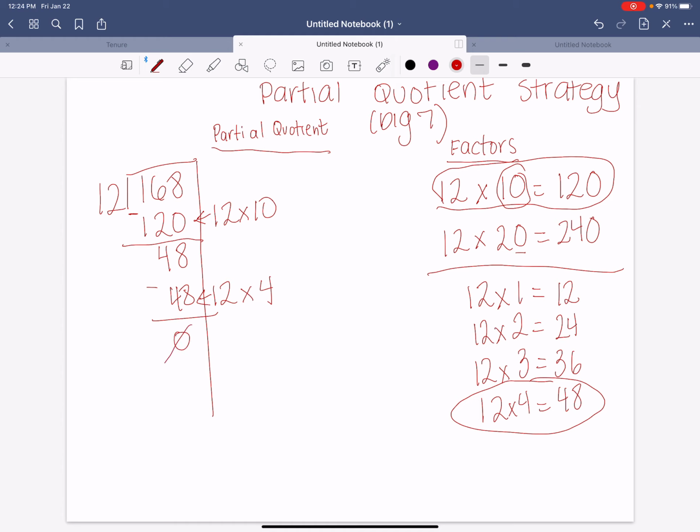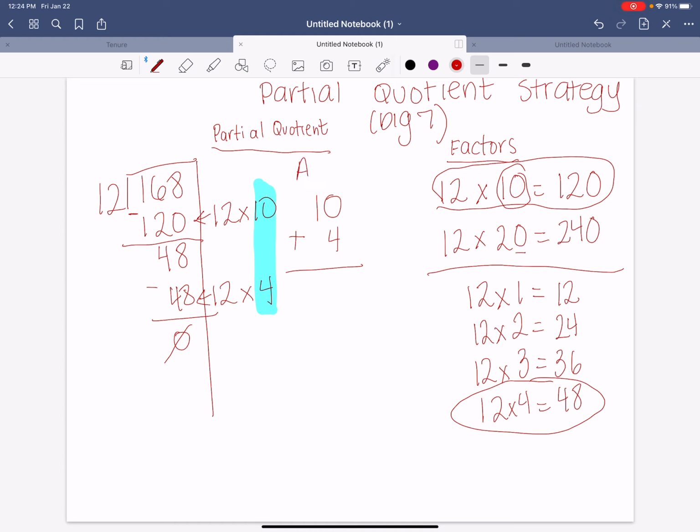So I'm done with my factors, but I'm still not completely done because I need to find my quotient. Remember, these guys are just my partial quotients. We want the complete quotient. So that means I need to add 10 plus 4, right?